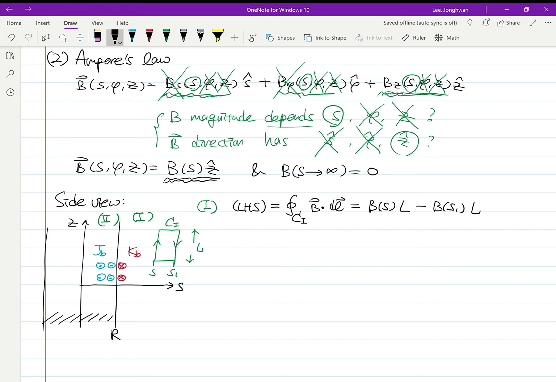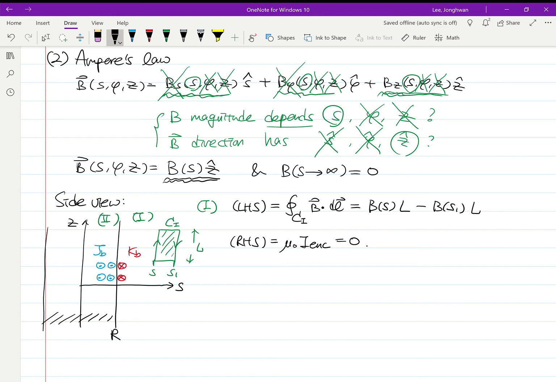The right hand side is mu naught I enclosed, and there's no current flowing through the area enclosed by C1, so this becomes 0.